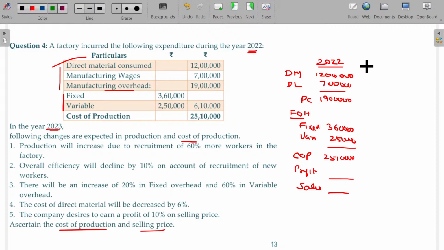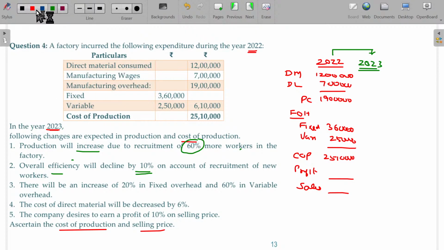And in the subsequent year 2023, there are lots of changes. You have to incorporate those changes and restate this cost sheet for this year. Production will increase due to the recruitment of 60% more workers in the factory. Overall efficiency will decline by 10% on account of recruitment of new workers. You understand?